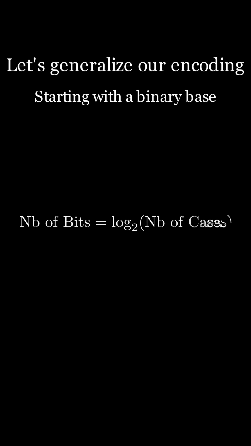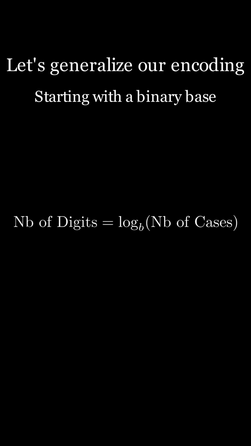Using simple logarithms, we can write this out as the number of bits being log2 of the number of cases. If we generalize the assumption we made before about using binary numbers to using any base b of our choice, then the formula becomes: number of digits equals log b of the number of cases.